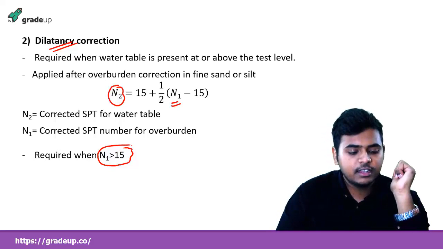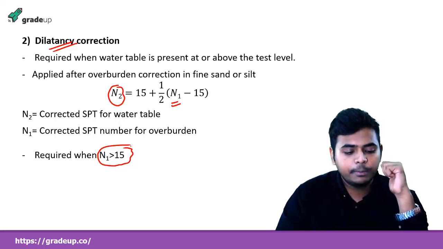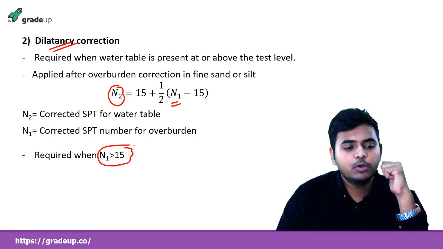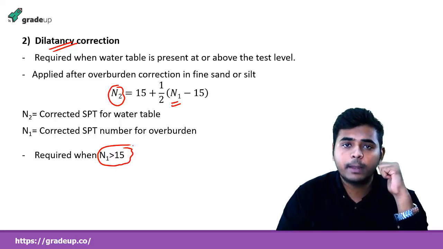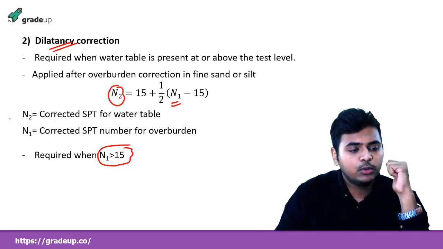Because when N1 is greater than 15, it indicates a dense sand, which on repeated blows gives a pore water pressure. This pore water pressure causes a dilation effect, that is negative pore water pressure is produced here, and so we have to apply this correction factor. So N2 is the corrected SPT for water table and N1 is the corrected SPT for overburden.